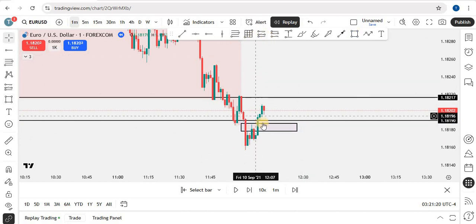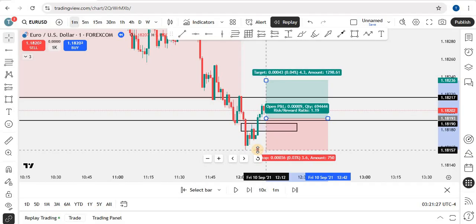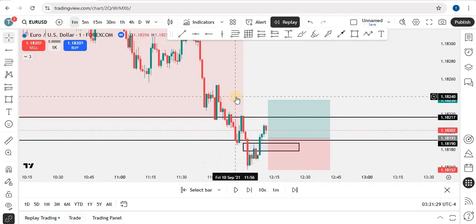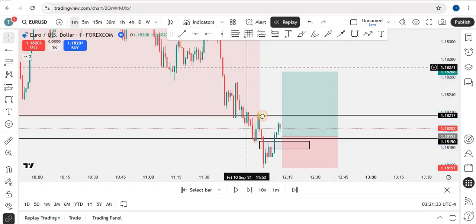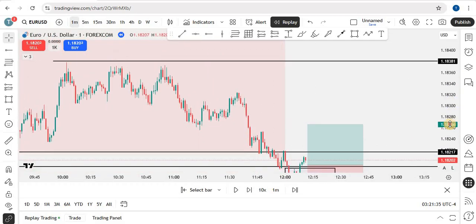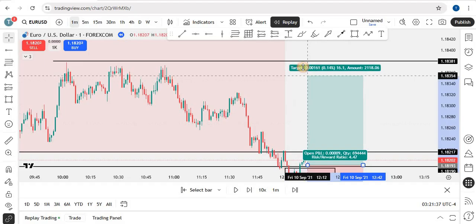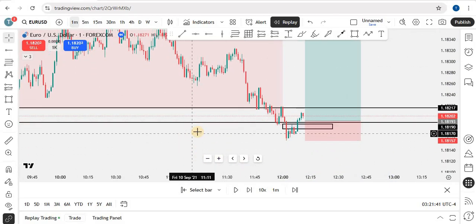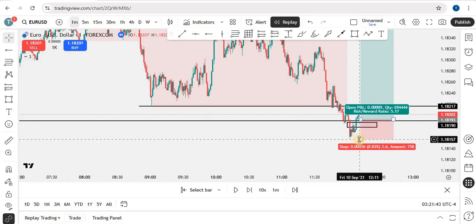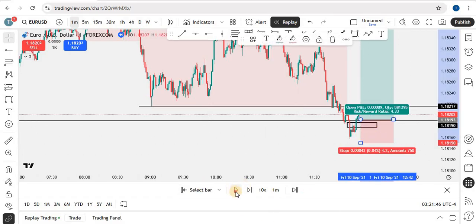If I long from here on the closing of this candle, I will put the stop loss here, and I target 1 to 2. But where we also have a good area of liquidity, this 1 to 2 will be my partial, and this will be my liquidity area. We will see.